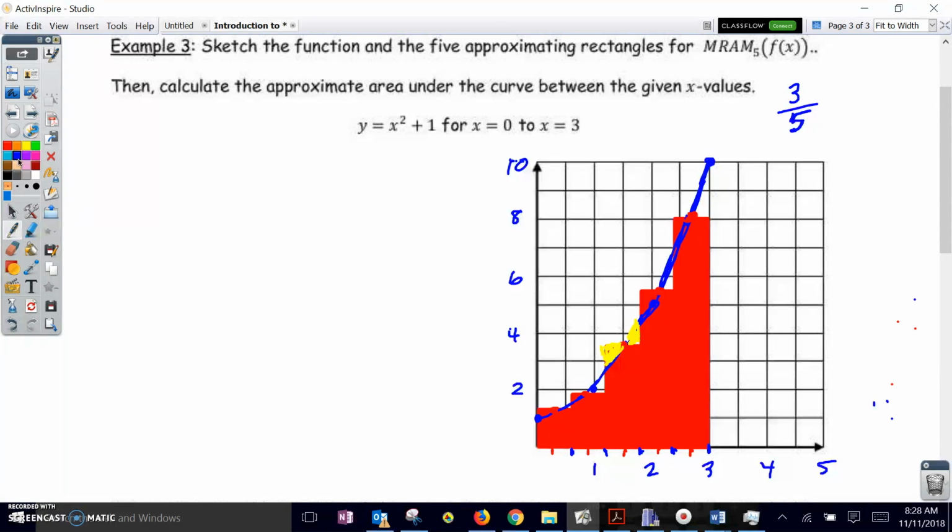Alright, so now I'm going to calculate this. Each rectangle is 0.6 units wide. And then we want the value of the function at the midpoints.